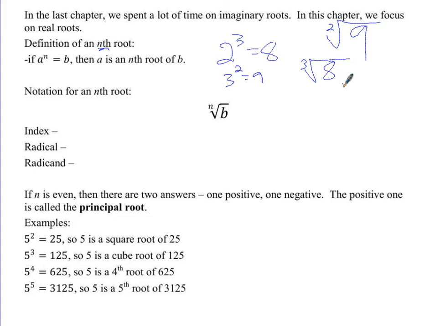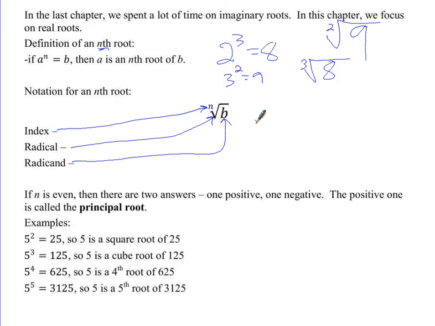So the notation for an nth root is very similar to the notation for a square root. We already know that that is the radical. We already know that that is the radicand. Learned that in Algebra 1. But now we have this new guy here. The index is that number right there.